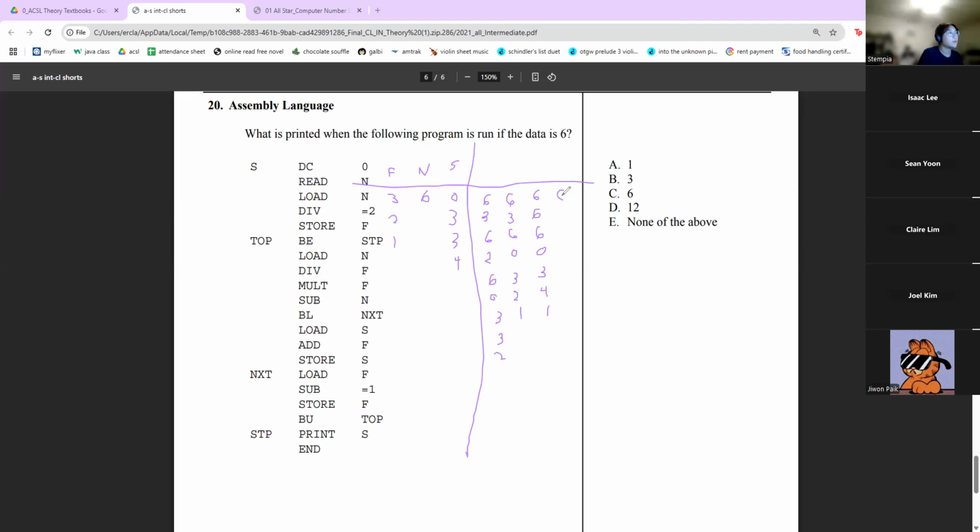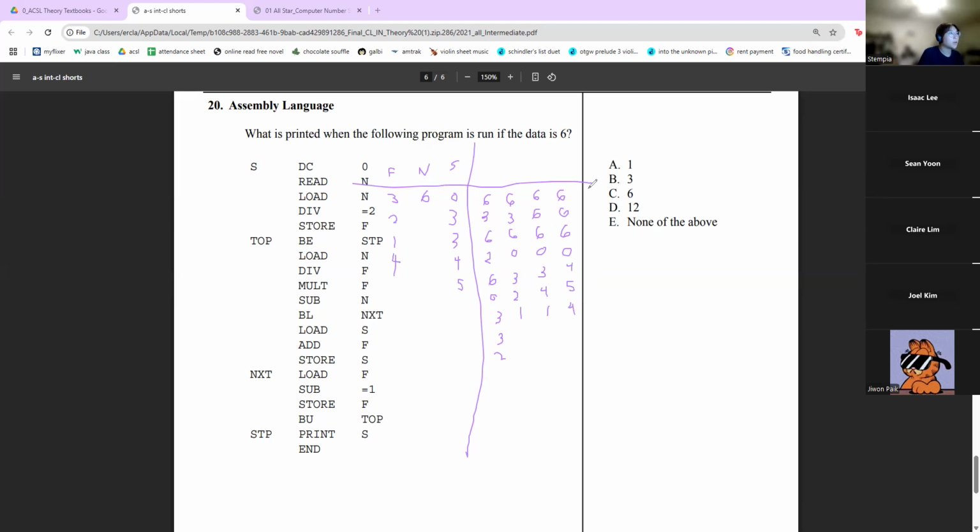We're going to load N, divide by F, multiply by F, subtract N. It's not less than 0, so we're going to load S, add F, store this in S, subtract 1, store it in F. Then we go back up to the top.